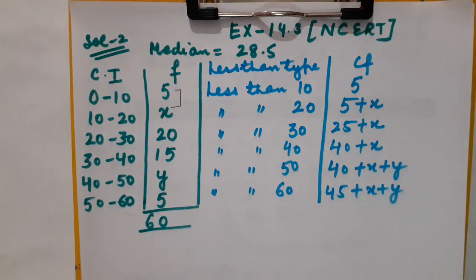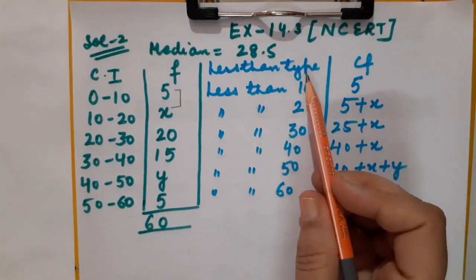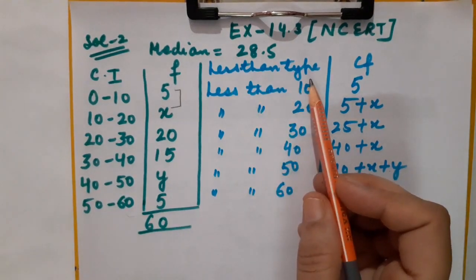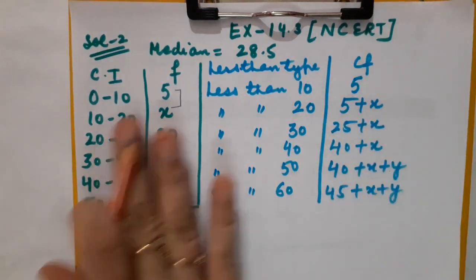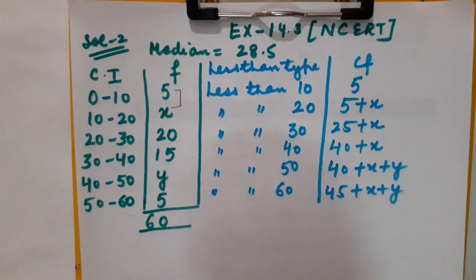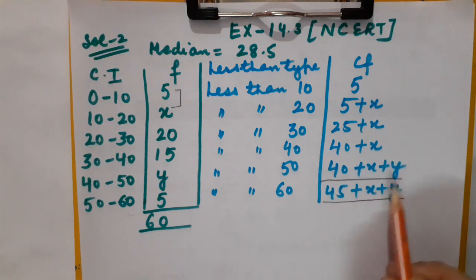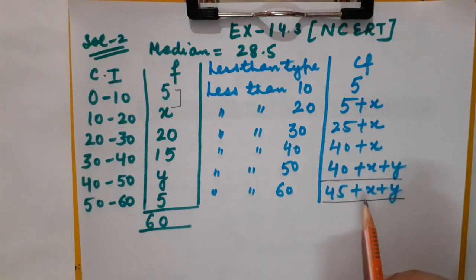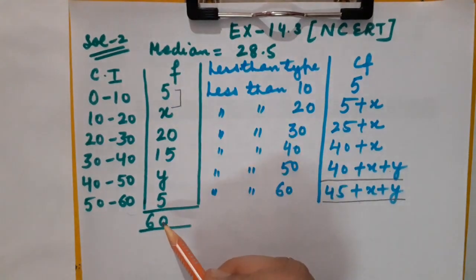Children, do you remember when I told you that whenever we are going to make cumulative frequency distribution table using less than type, either to calculate median or to calculate the missing frequencies, how do we check whether this is appropriate table made by us or not? I told you that whatever will be the last cumulative frequency, that will be equal to the sum of all the frequencies.